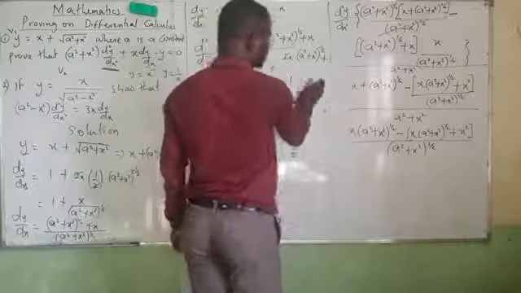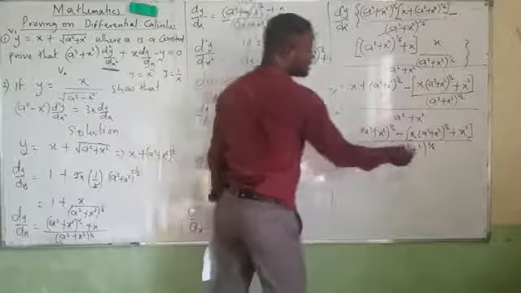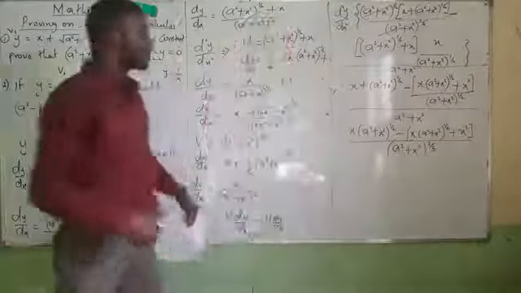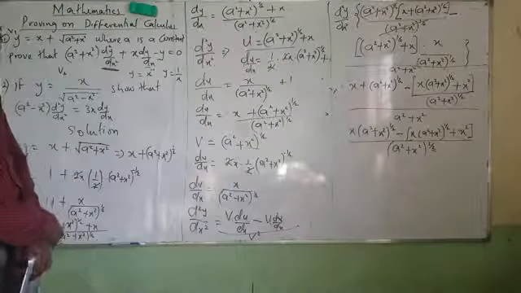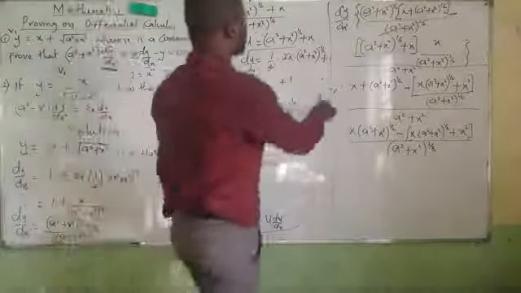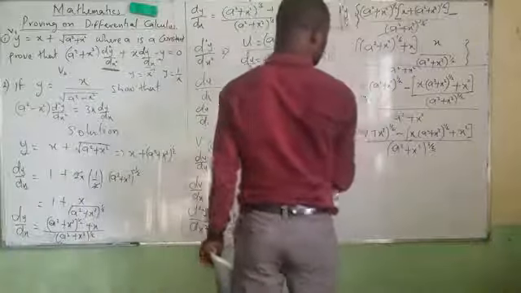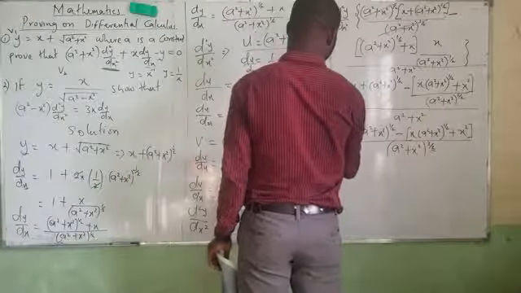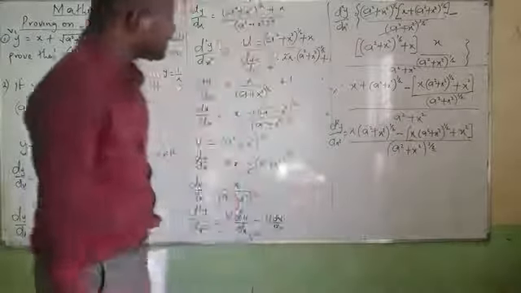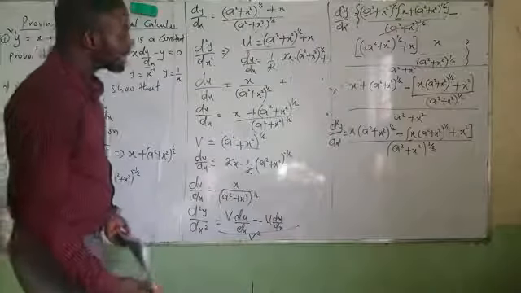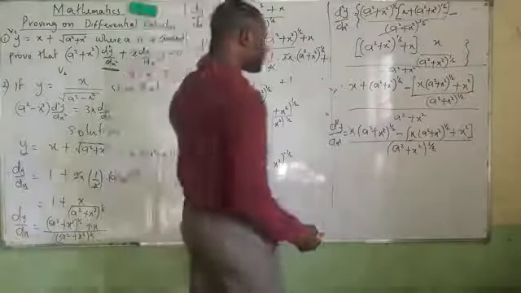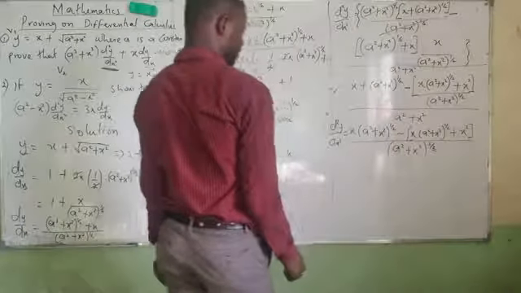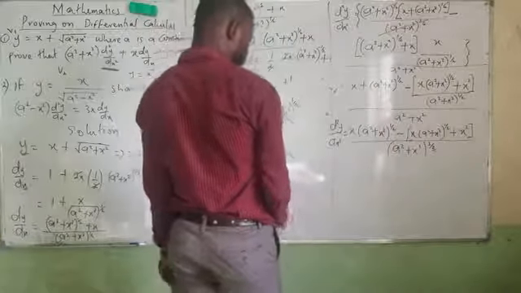Now that is how I got this 3 over 2. Now what else can I do? Don't forget I'm working on this d squared y over dx squared. Now see, the next thing I need to do is that I will move on by saying, what can I do?